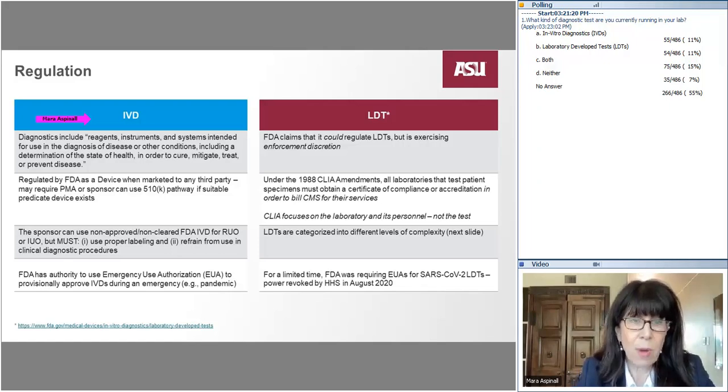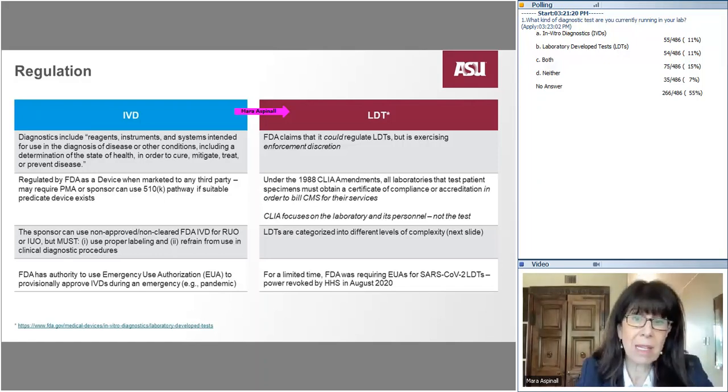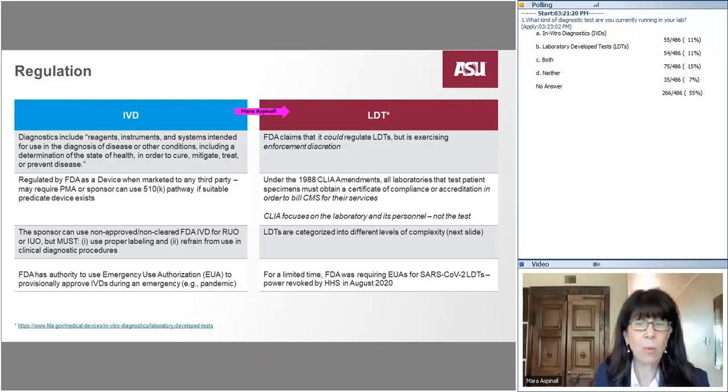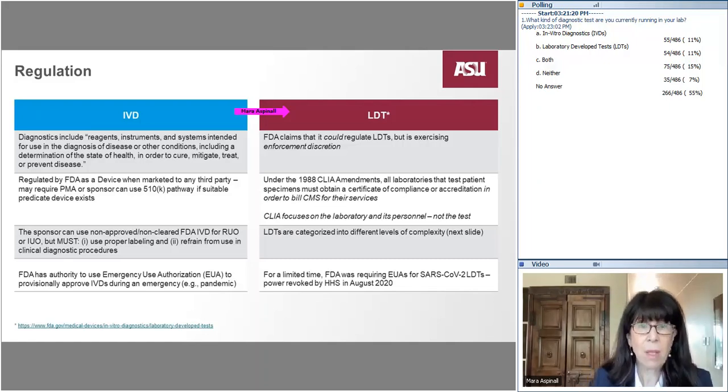So let's contrast all of that with an LDT. Number one, the FDA says it could regulate LDTs, but they're exercising enforcement discretion. We are not going to get into the politics behind this, but it's important for you to know that it might change. The FDA has said if it does change, there'll be adequate time for transition, but right now they do not regulate LDTs.